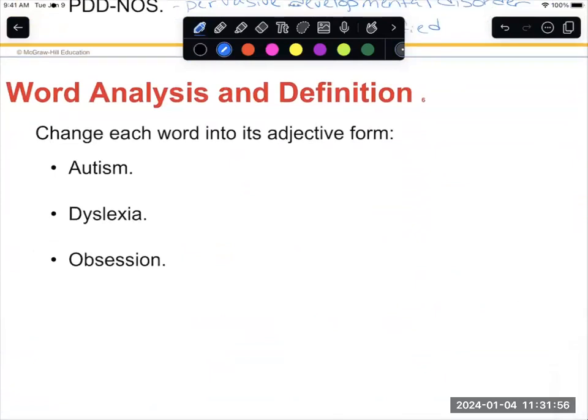Okay, let's look at the adjective form of these words here. Autism, autistic. Dyslexia is going to become dyslexic. Obsession becomes obsessive.